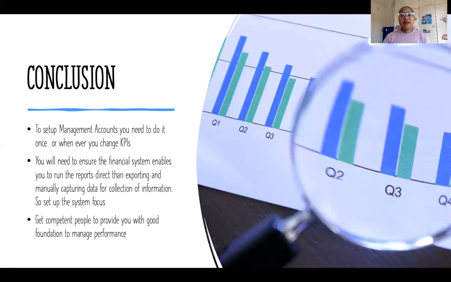Now, guys, this is the basic foundation still and the principle on how to actually set up the management accounts, but also just understanding that management accounting principles are for management to make decisions, but also to drive certain types of performance.